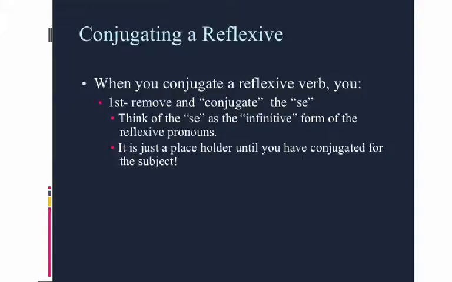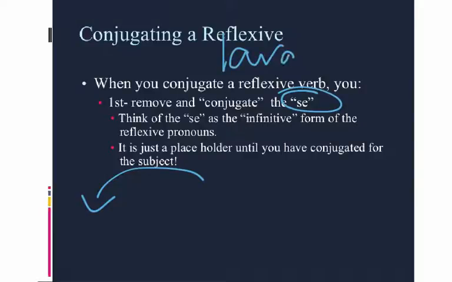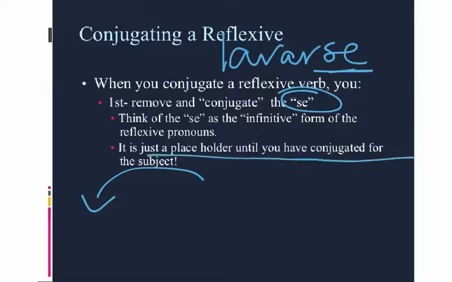Okay, let's see. When you conjugate a reflexive verb, you first remove the se from the end and you put it in front of the verb and conjugate it. So again, let's put lavarse. And again, that se is just a placeholder until I have the subject to conjugate it for.